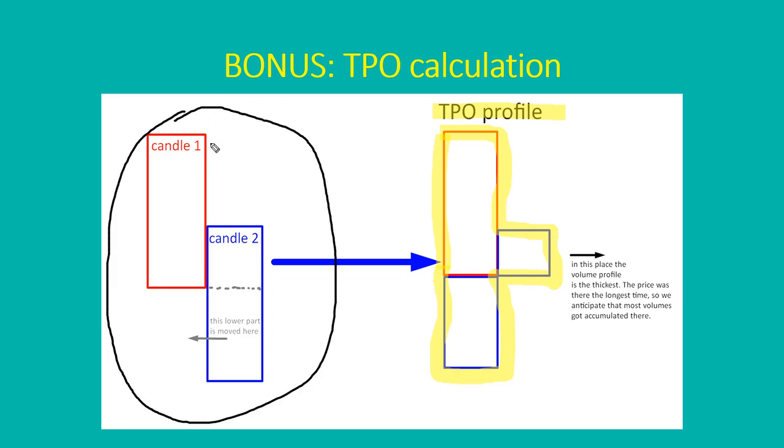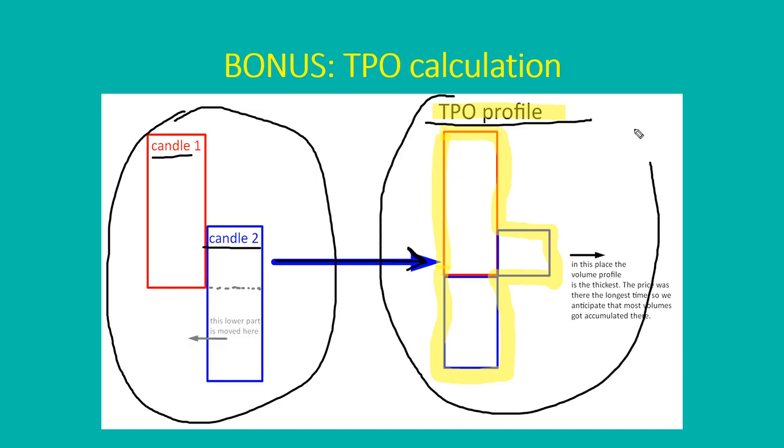This is demonstration of 2 candles, candle 1 and candle 2. And from those 2 candles, you create this TPO profile. You sort of shift those candles together so they form a histogram.